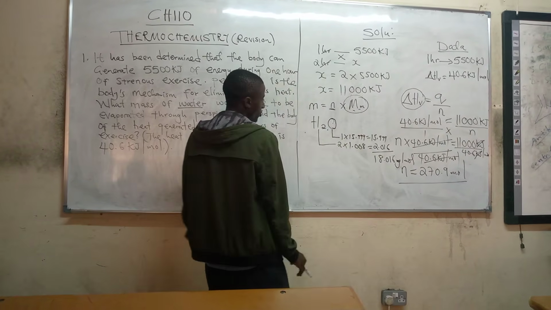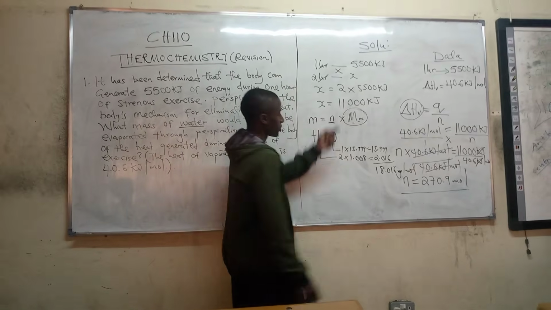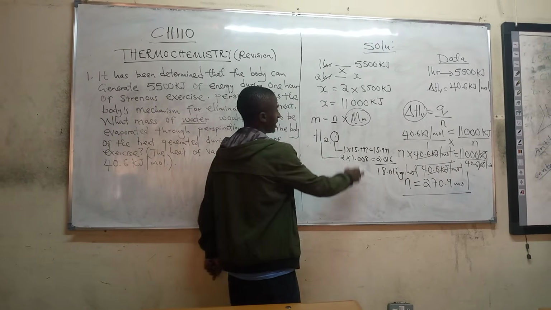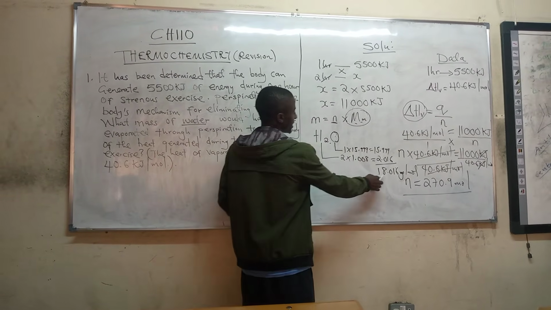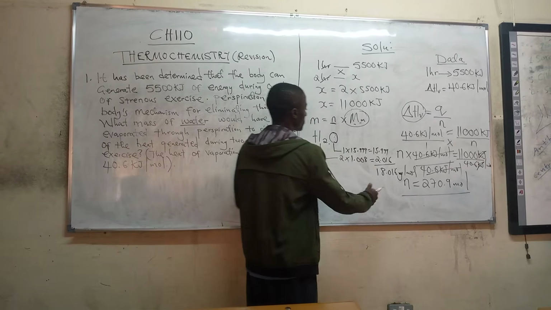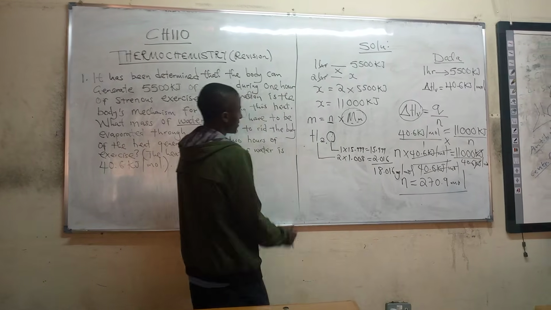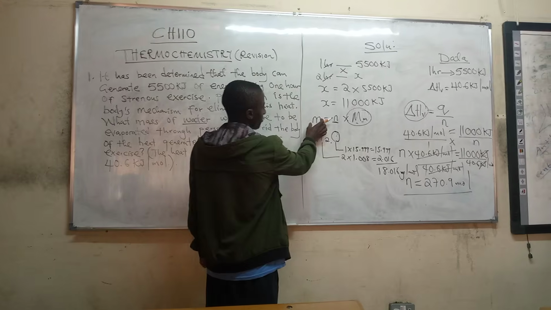Now since you have the number of moles, which is 270.9, and the molar mass to be 18.016 grams per mole, it's very easy now to calculate the mass.